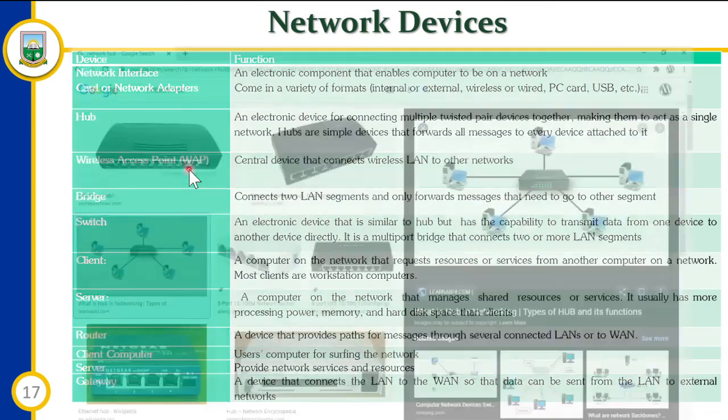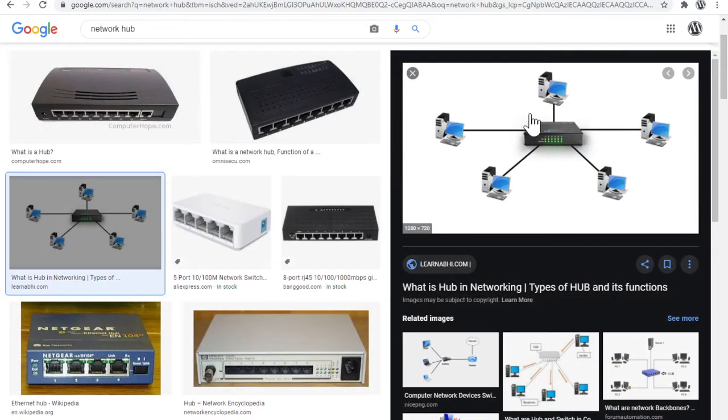The wireless access point, the WAP, can be connected to this device. Then it would distribute IP addresses to any wireless card that is available, just like your phone. If you want to get your phone connected to this network, you need a device called the wireless access point.